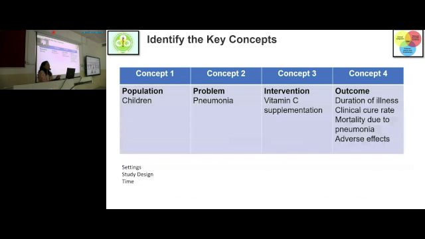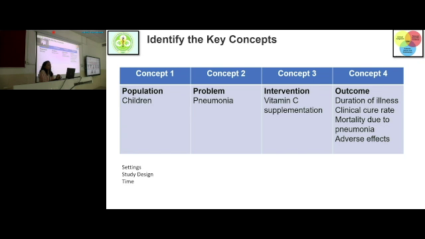So, this is the format of key concepts. Concept one is the population, that is children. Here we can't write children with pneumonia, because then you have to add this concept with OR.